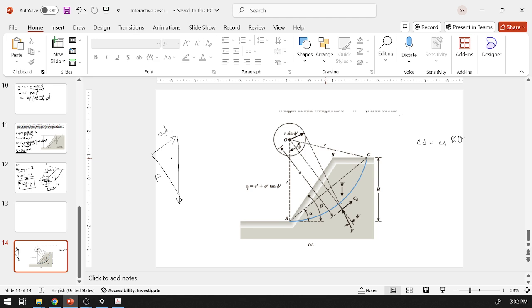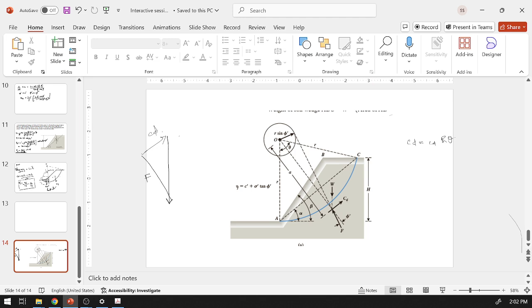We get the resultant force to scale. CD is the resultant cohesive force, equal to cohesion per unit area developed times the area of the chord. So CD acts parallel to AC.